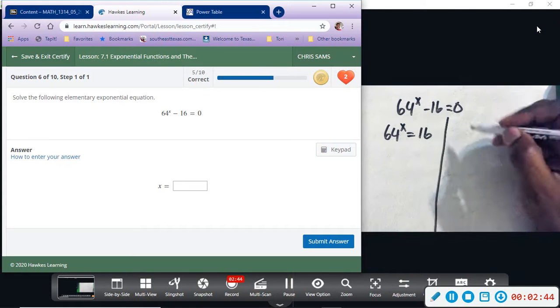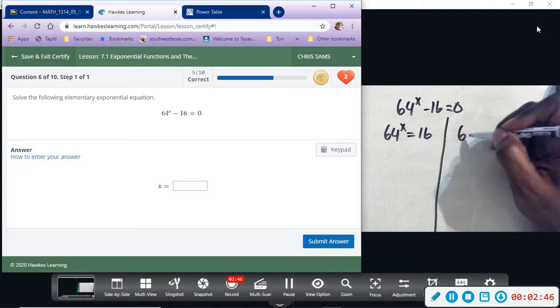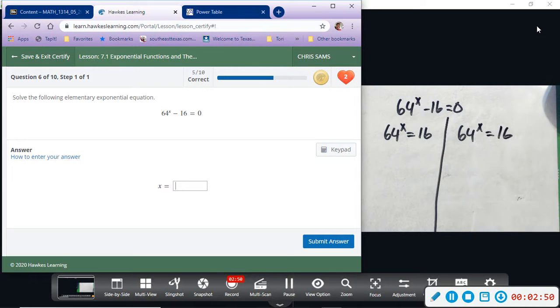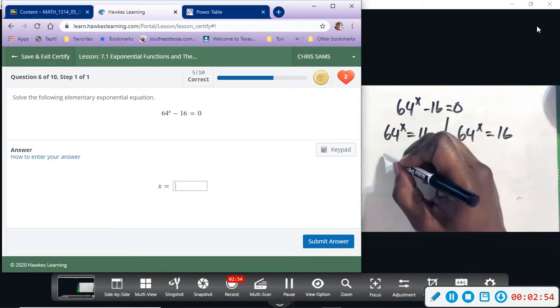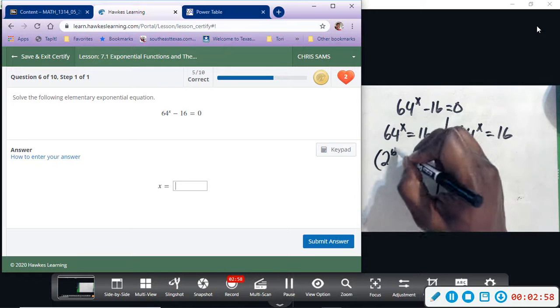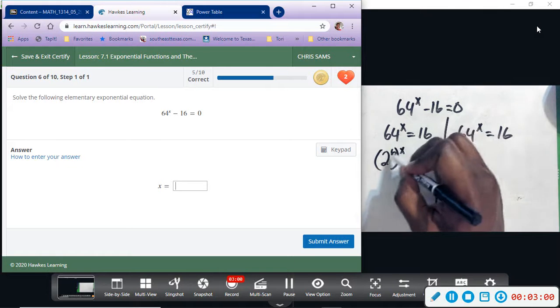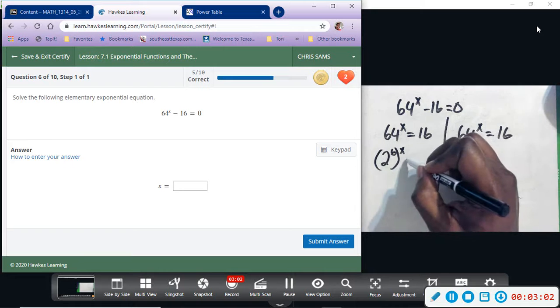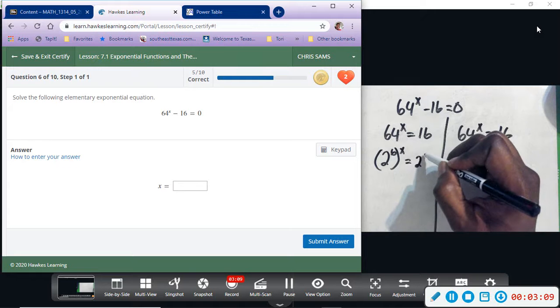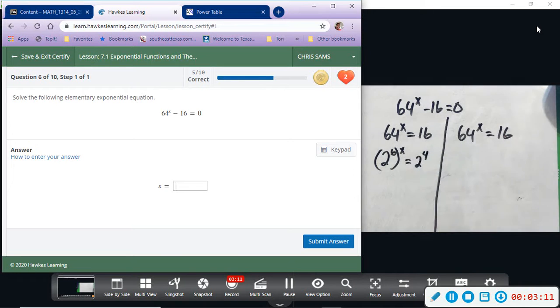And then we need to write these with the same base. One way we can do it is with base 2, and what we saw was 2 to the 6th power, and we have to put the x on the outside, is equal to 64, and then 2 to the 4th power was equal to 16.